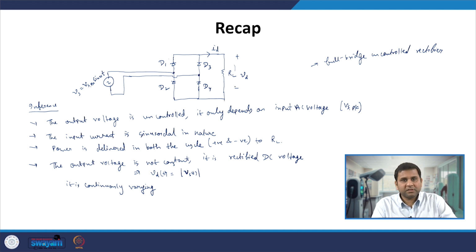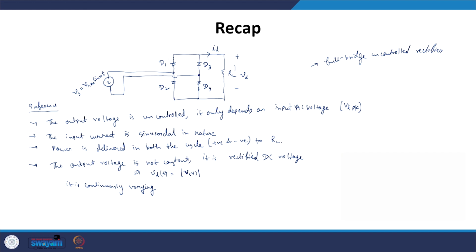The output voltage is the rectified DC voltage, which is not constant; it continuously varies from 0 to the peak value and back to 0. This is one of the problems, because the output voltage varies quite a lot. In order to address that problem, capacitive filters are generally used.